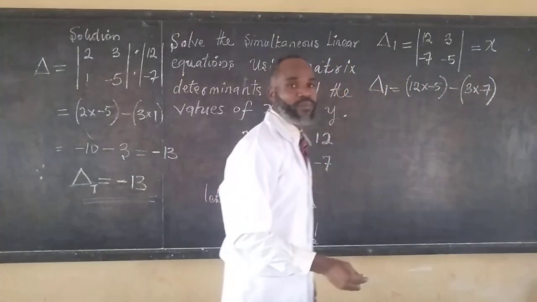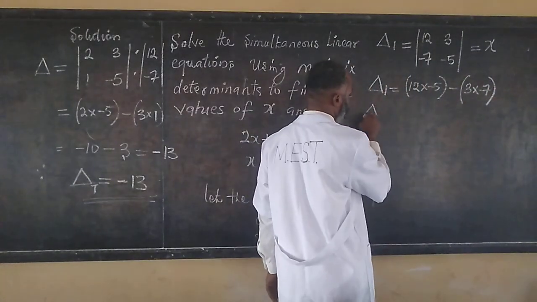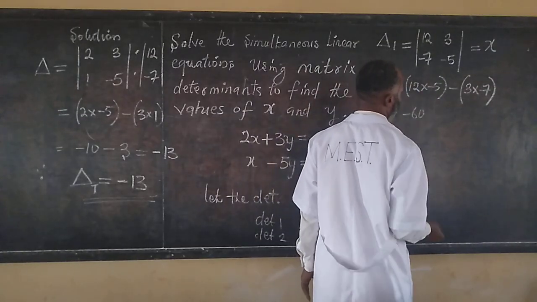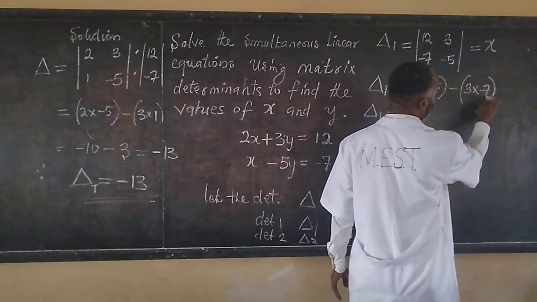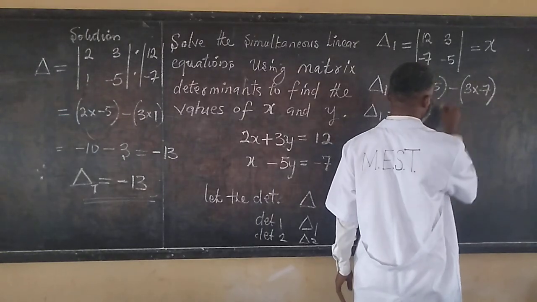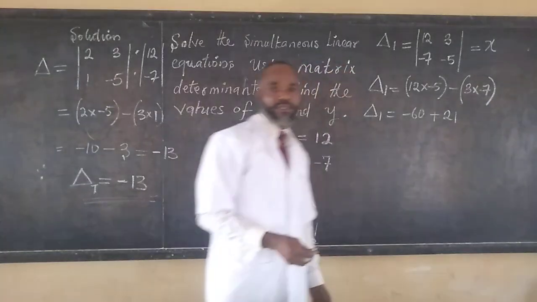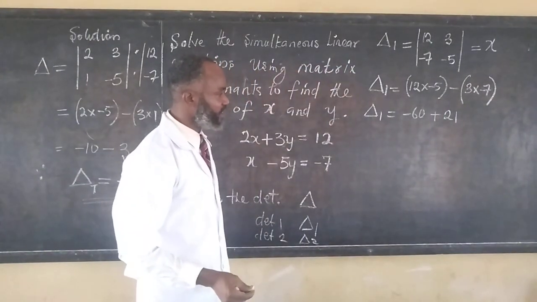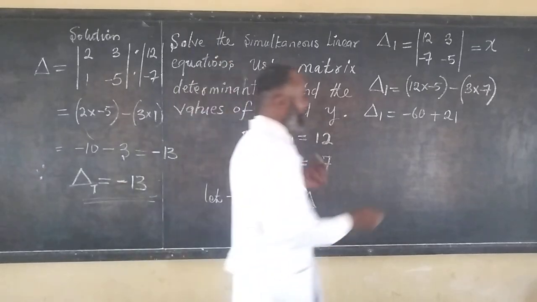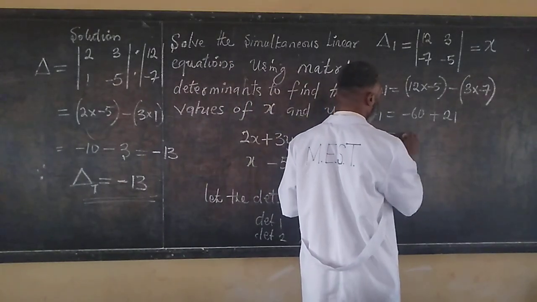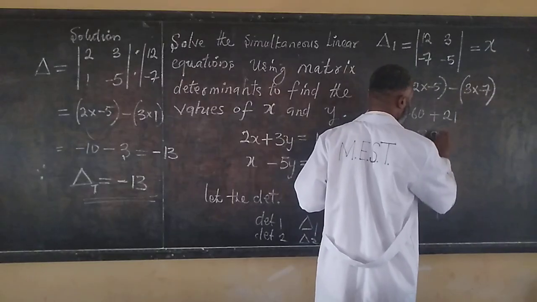So 12 times minus 5 is minus 60, and 3 times minus 7 is minus 21. This changes to plus 21. So determinant 1 is equal to minus 39.